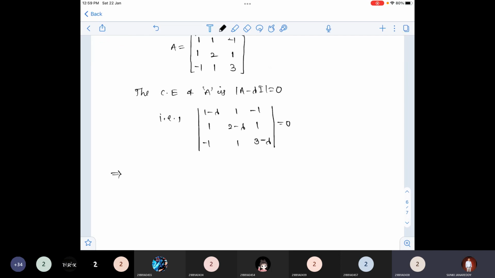Now you know how to find the characteristic equation: lambda cube minus trace into lambda square.